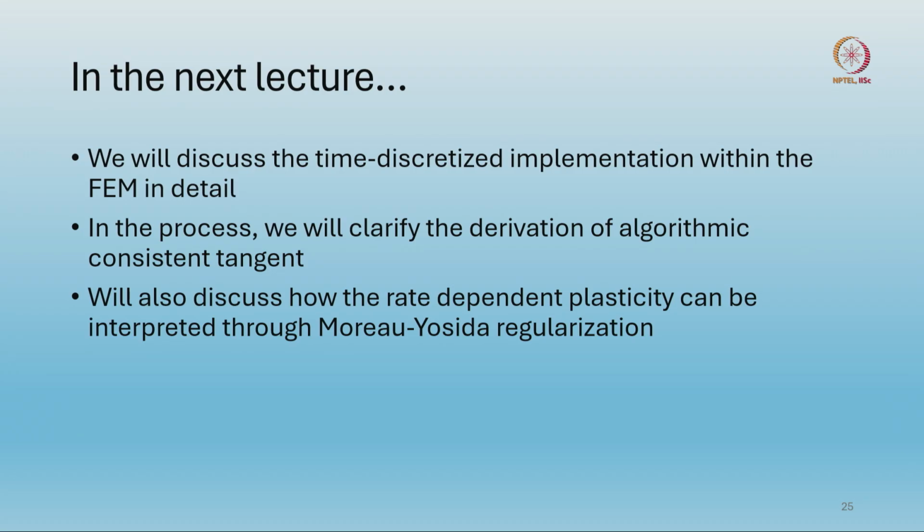Here it is quadratic, just as in elasticity, right. So we will also discuss briefly in the next lecture how rate dependent plasticity can be interpreted as a mathematical regularization, okay, of the Moreau-Yosida type, but we will come to that as we go along.